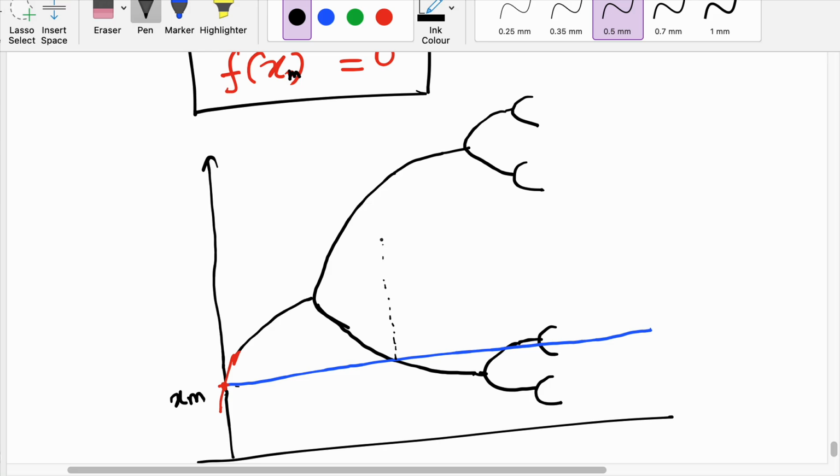That is this point. So now it has a superstable period-2 orbit. Now what is the distance between these two points? Suppose the distance between the two points is d_n.